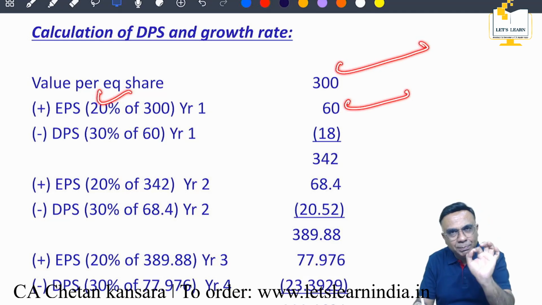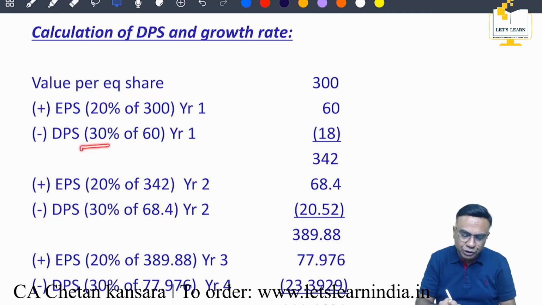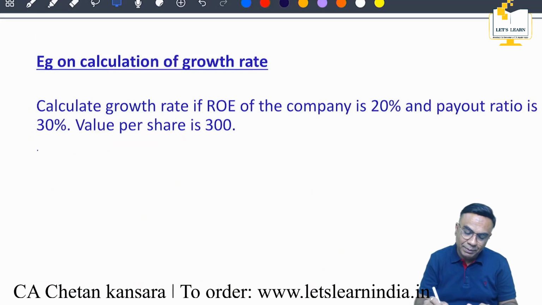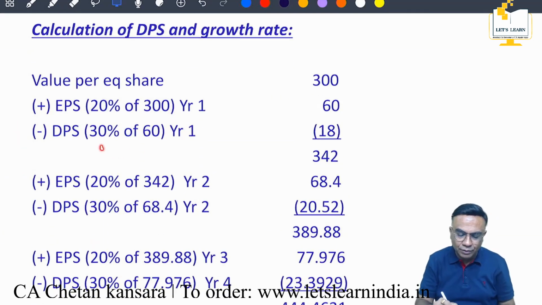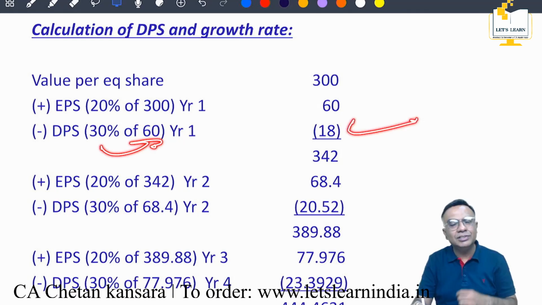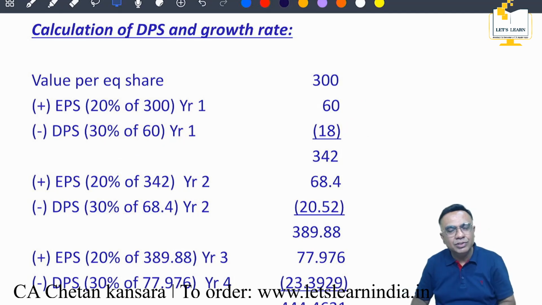Company is earning 60 per share on 300 rupees. DPS is dividend per share. Payout ratio is 30%, so 30% of 60 is 18, the dividend per share. Out of 60, 18 is paid out. So what is the retention? 42.